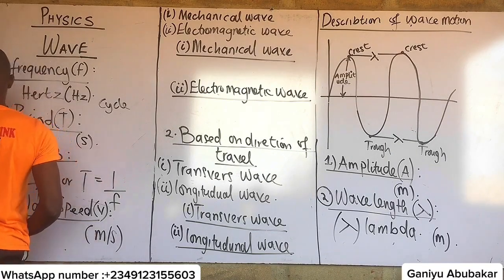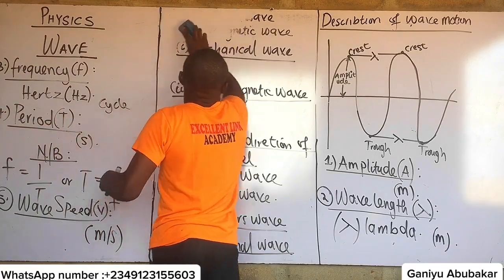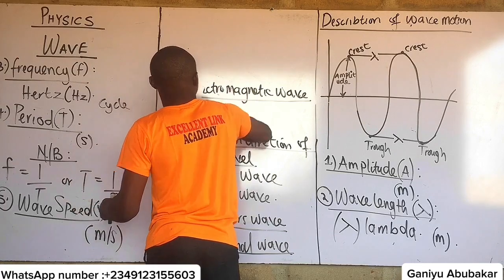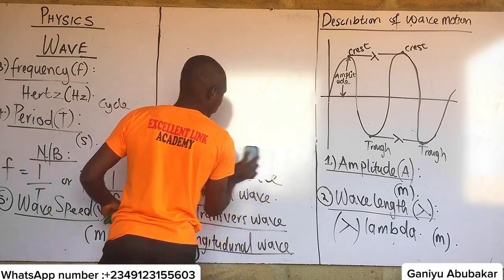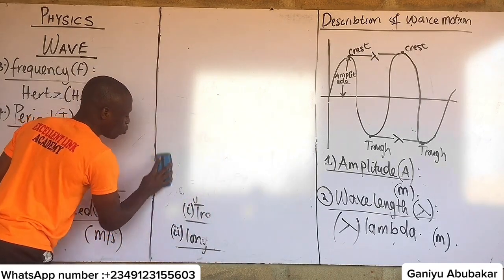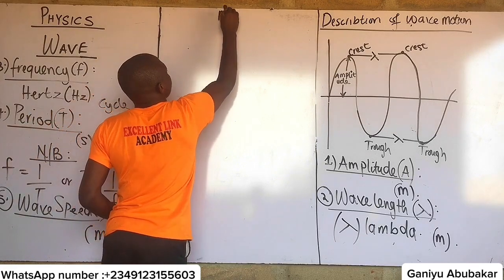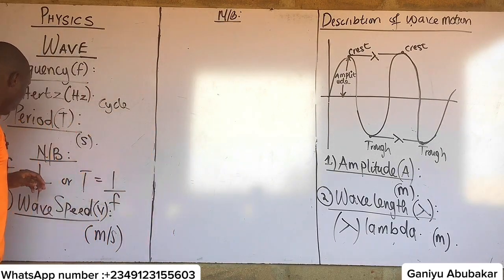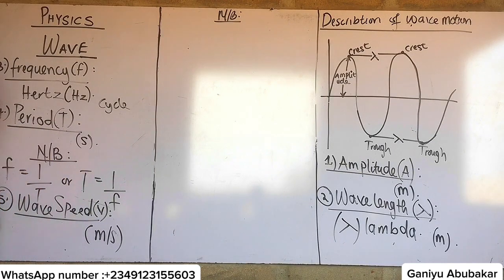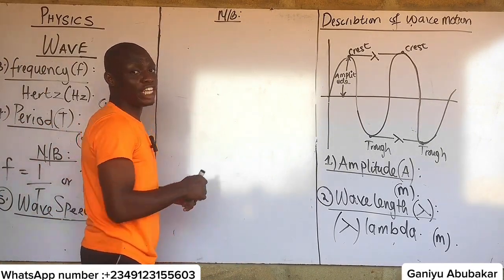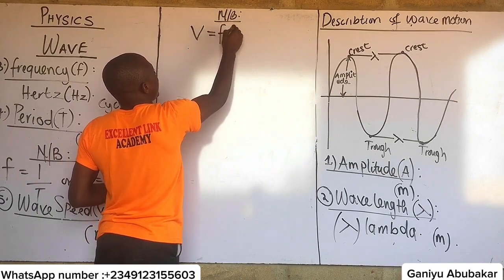Note one thing very important: the wave speed of a wave motion, the frequency and the wavelength are connected by the equation V is equal to F lambda.